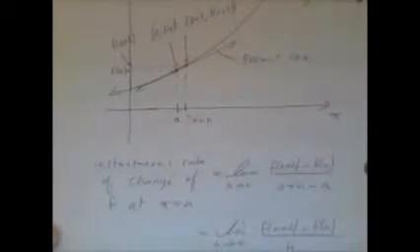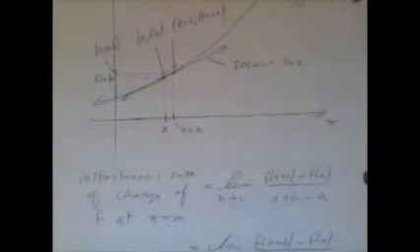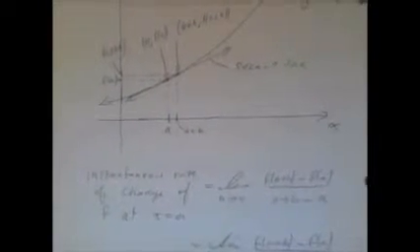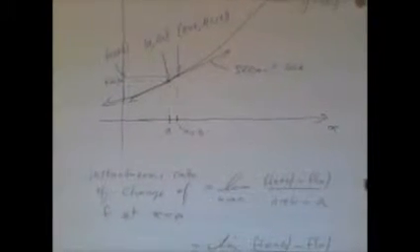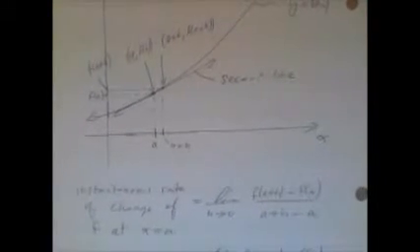So the quotient would be the average rate of change of the function on the interval from x equals a to x equals a plus h. And what we're doing is, to take the instantaneous rate of change of the function at a, we're trying to shrink that x interval down to nothing. That means then that we're taking the limit as h approaches 0.